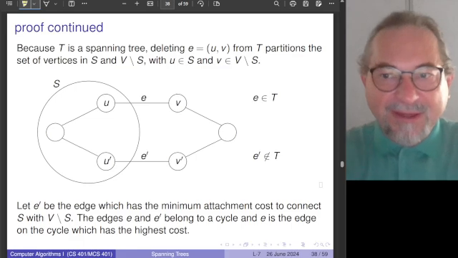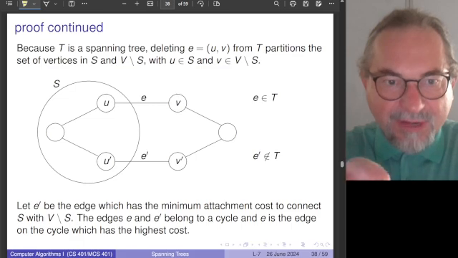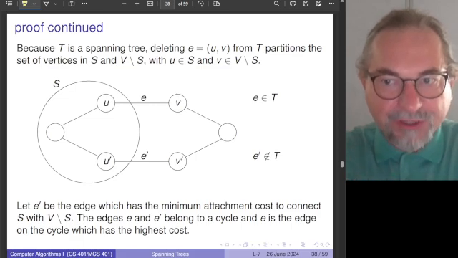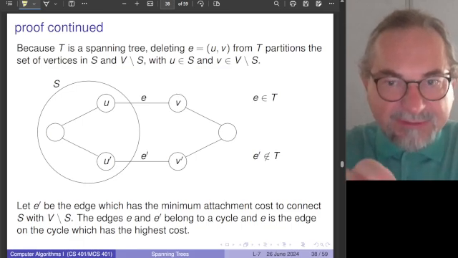So I should probably have broken this slide up in several parts. In the first part we focus on the cycle.